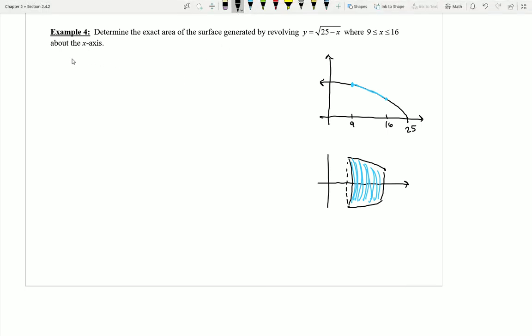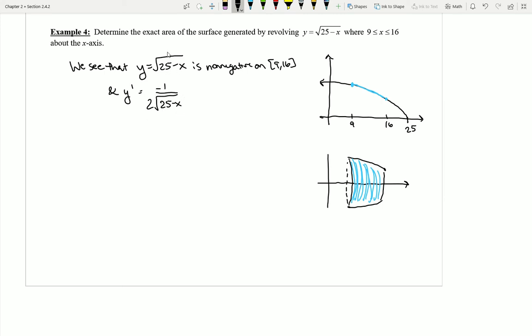Let's make sure that all of our conditions are met. So you could say, we see that y equals the square root of 25 minus x is definitely non-negative on the interval 9 to 16, and y prime, which would end up being negative 1 over 2 square root of 25 minus x.